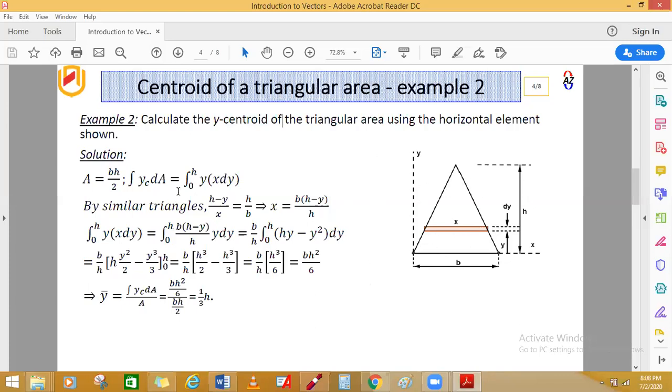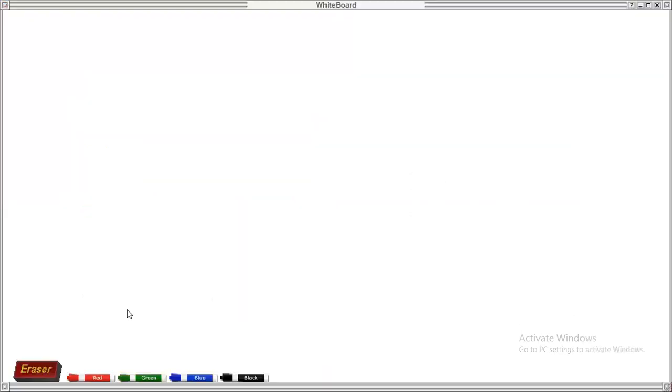So basically, you're going to have to make use of the equation again for the y-centroid. Let me just draw it here. You can see the shape how it is, the triangle like that. They want us to find the y-centroid. So you again start with your equation: y bar is equal to the integral.